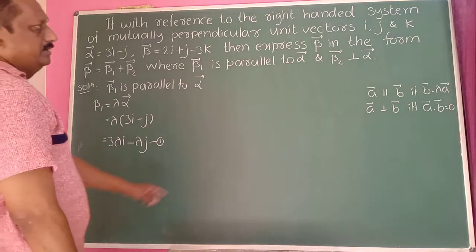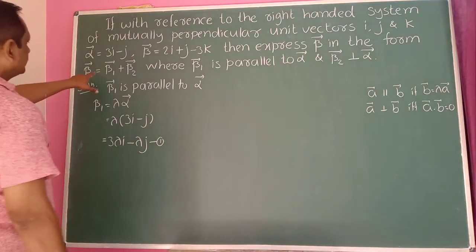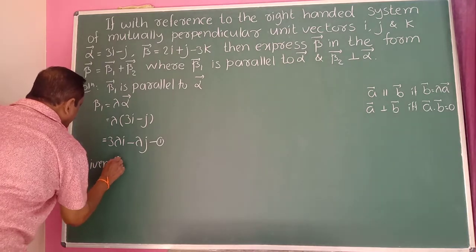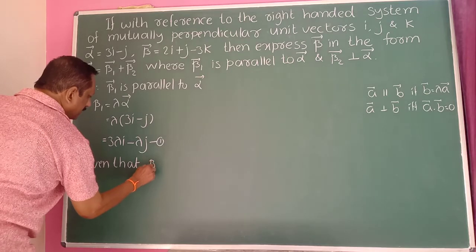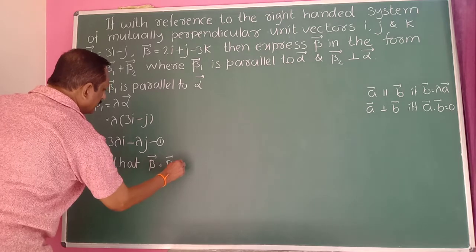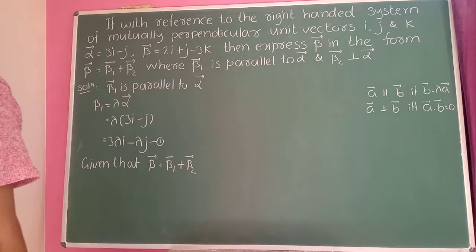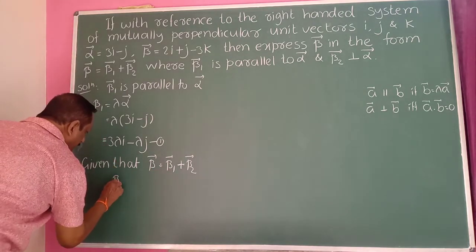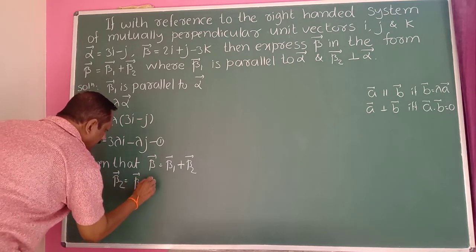And also beta 2 is perpendicular to alpha. So from this result, given that beta is equal to beta 1 plus beta 2, take this beta 1 this side. Therefore beta 2 is equal to beta minus beta 1.